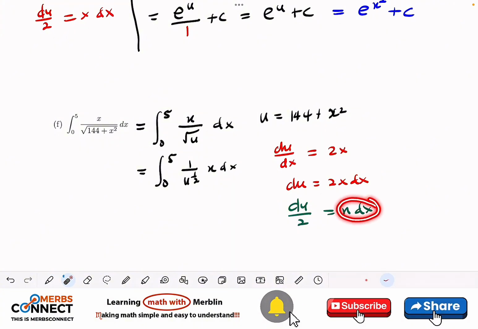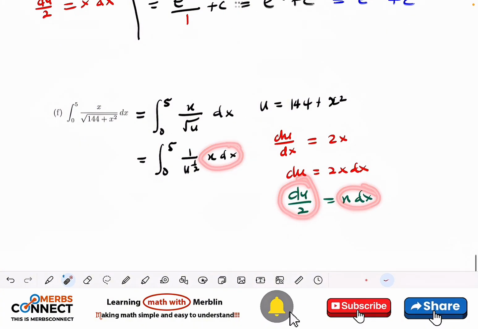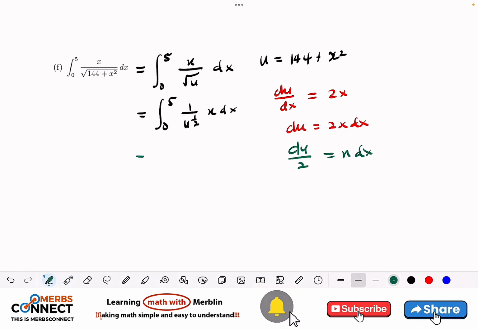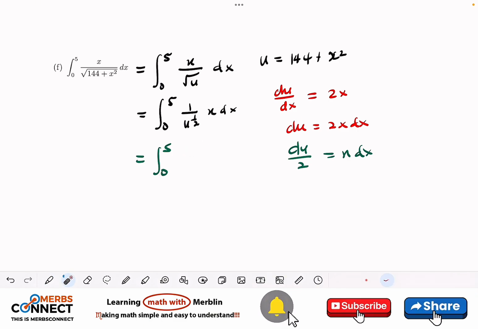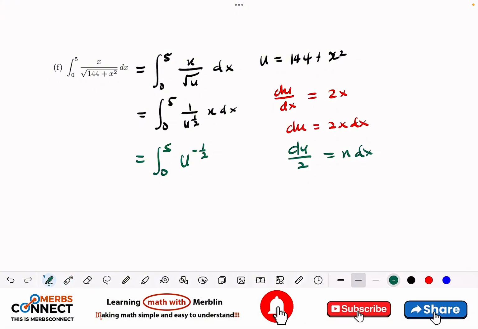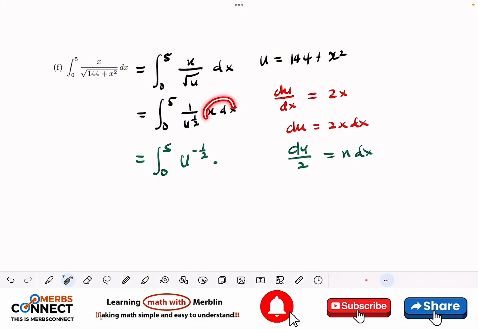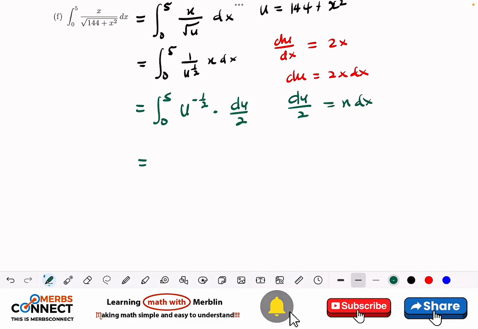So we are going to replace x dx by du over 2, and we are going to have integration from 0 to 5, 1 over u to the power half, which is the same as u to the power minus 1 over 2, because this is not 1. If it is 1, then we need to think about the natural log. Times this guy here is the same as this guy here, which is the same as this. So we are going to have du over 2, and this is going to give us 1 over 2 out, u to the power negative 1 over 2 du.